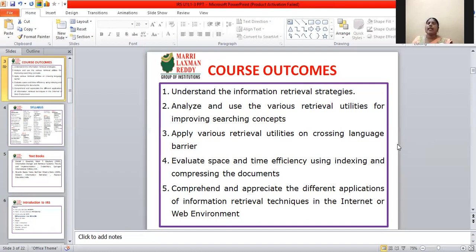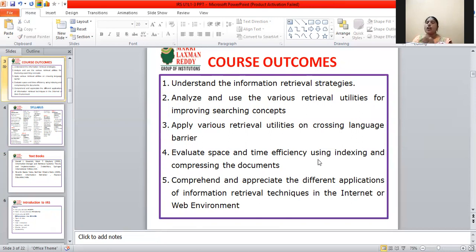And the next objective is to evaluate space and time efficiency using the index and compressing the document. A large amount of data in the documentation occupies more space. Because of that, the documentation is compressed and also uses the index. And the time efficiency and space are evaluated here.